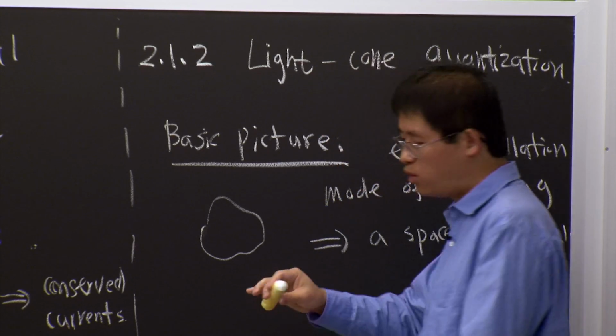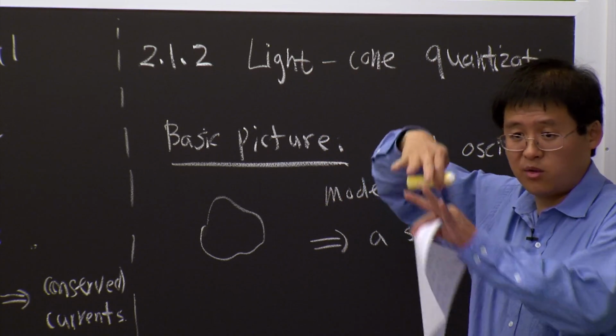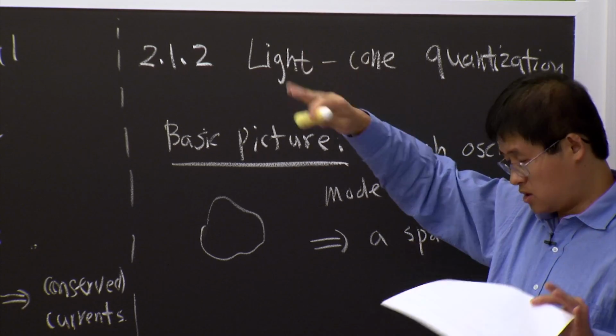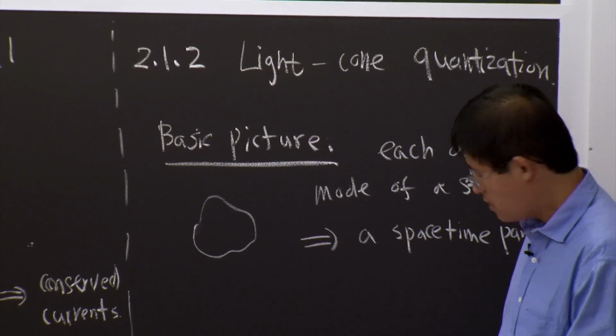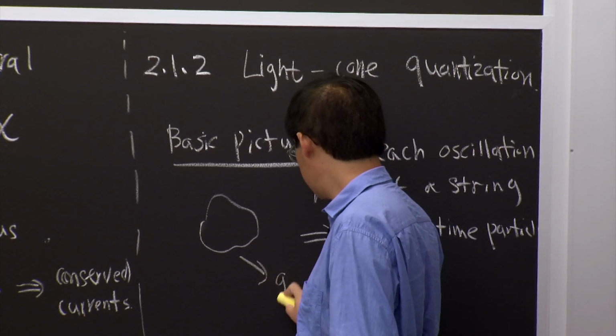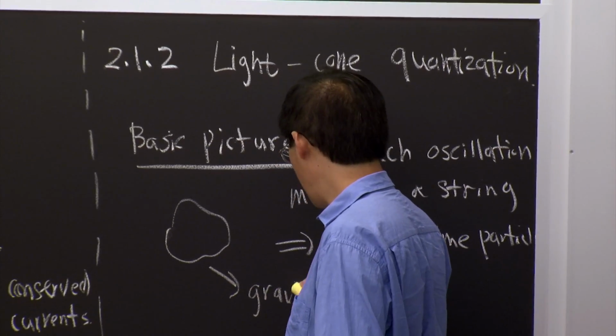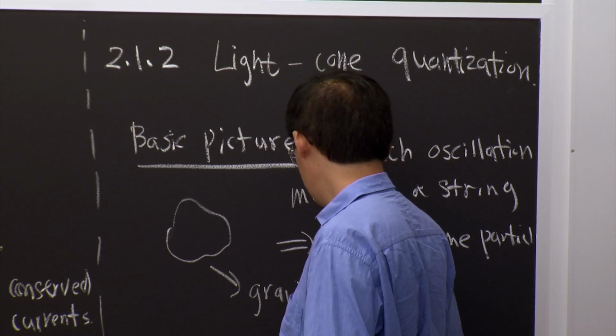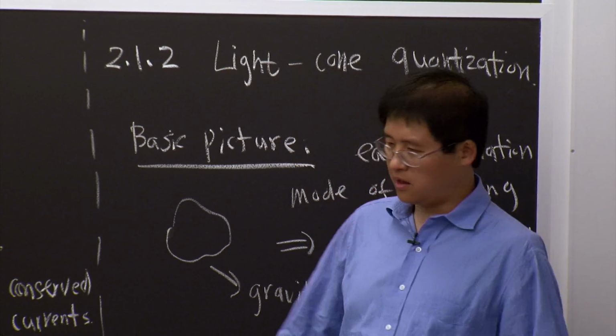From the string point of view, it looks like some kind of oscillation of the string, but from the space-time point of view, it's like a space-time particle. In particular, if you have a closed string, then one particular mode will give you the graviton, and many other particles.